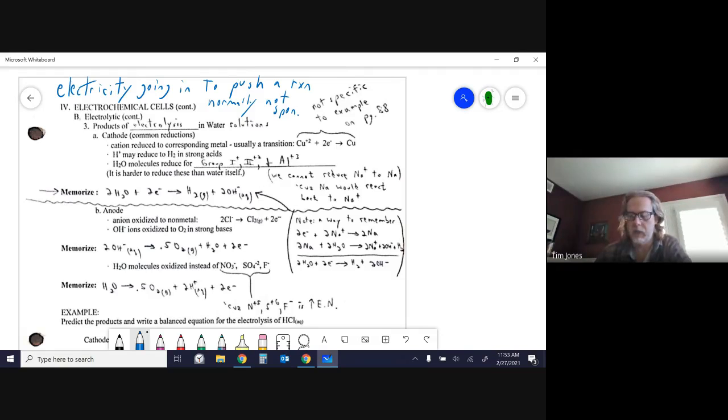So we have to put the energy in so that the reaction will go the direction we want it to go, which is the way it doesn't want to go. In other words, we're recharging a battery here.